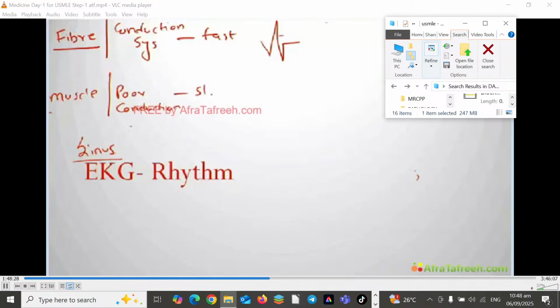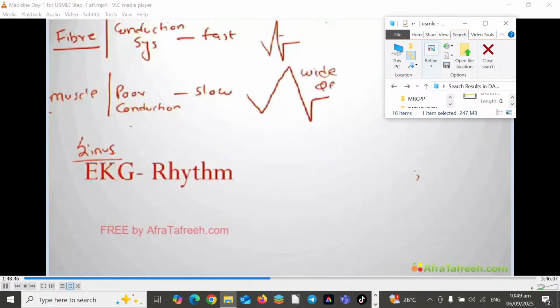And this would be slow, or very slow conduction. And this would result in a widened QRS complex. This is wide QRS. Is it clear?